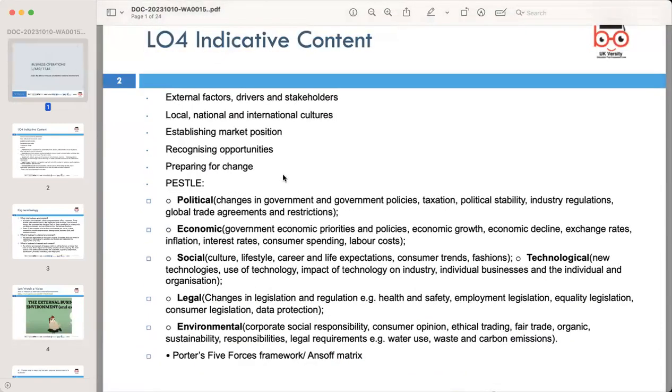So basically, analyzing the macro environment using PESTLE. Here we will discuss the macro environment of a business and learn about a valuable tool called PESTLE analysis.